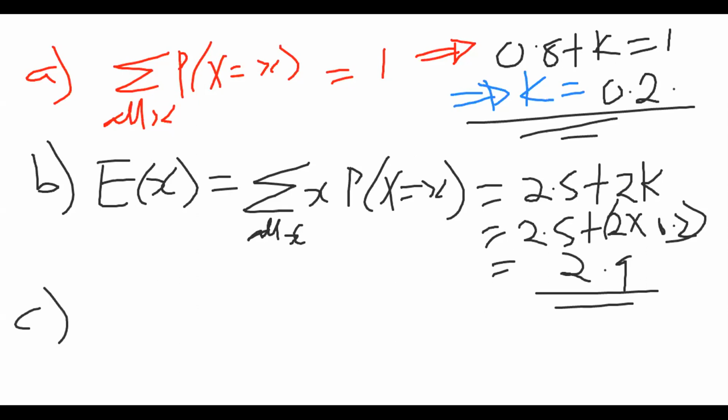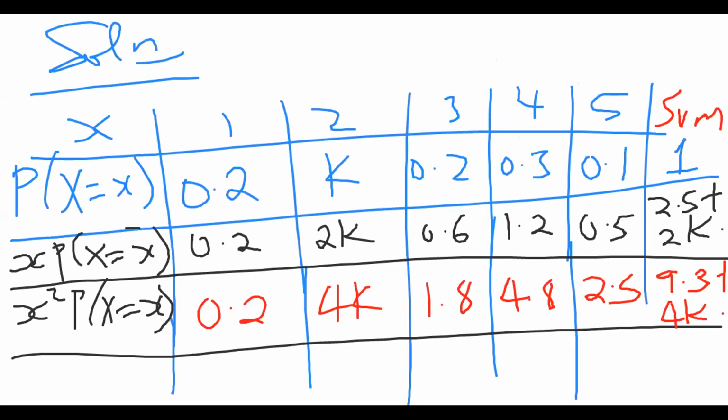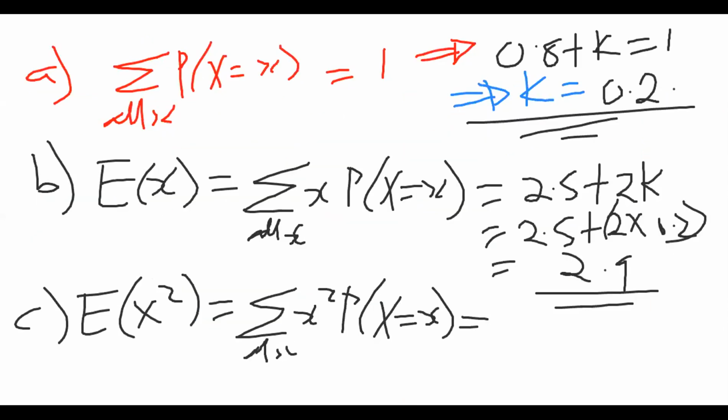Then part C, expectation of x squared, is the summation of all x squared times the probability, which gave us 9.3 plus 4k. It was 9.3 plus 4k.